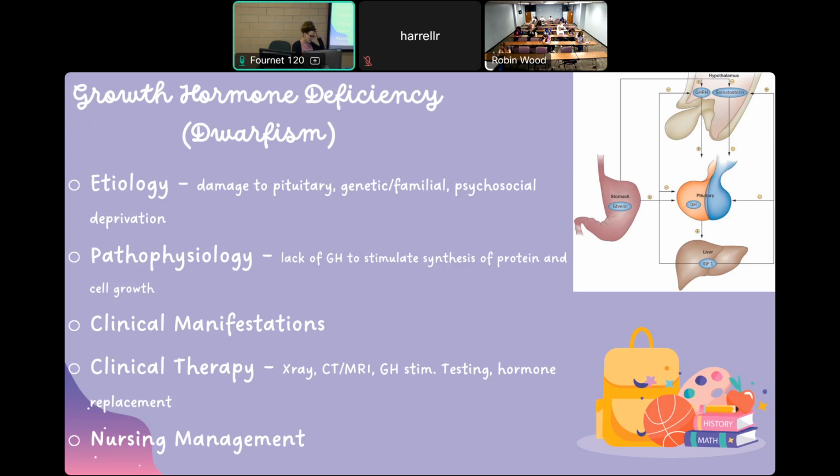And your book has the pharmacy 32.1 that goes over side effects and stuff like that, so be sure to check those out. Our management, we definitely want to monitor the kiddo's growth and development, right? And teach about med administration and side effects. The name of the medication is somatotropin. It can cause headache, which kind of makes sense, right?